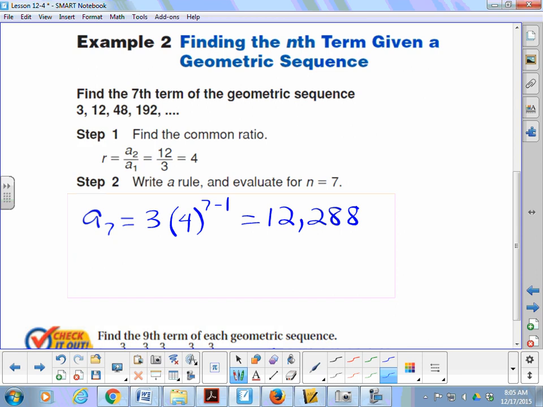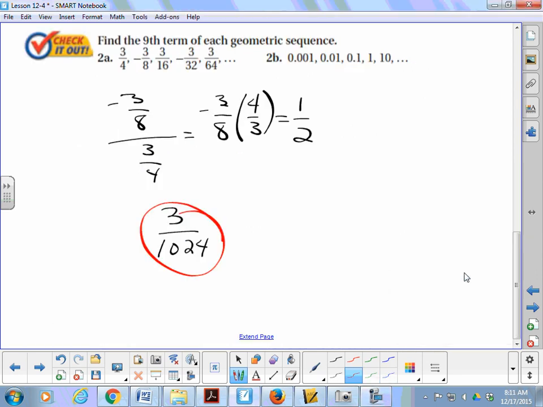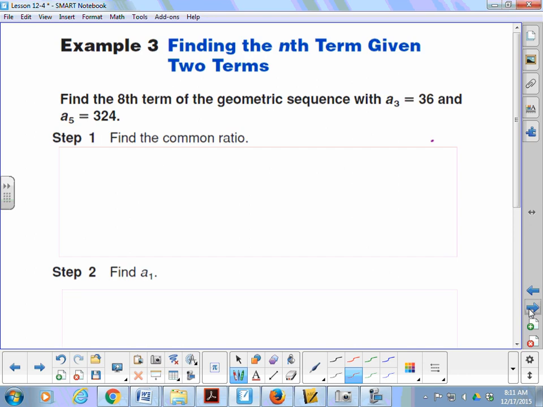All right, for finding the nth term of a geometric sequence, to find the nth term given two terms. So find the 8th term of the geometric sequence with a sub 3 equal to 36 and a sub 5 equal to 324. So this is similar to when we were working with the arithmetic ones the other day.